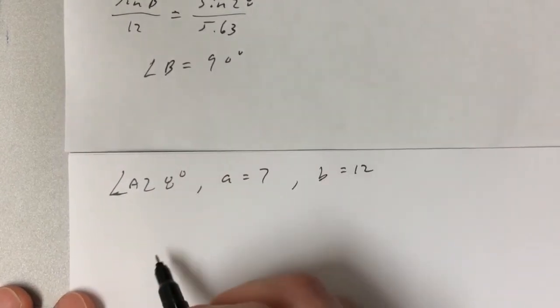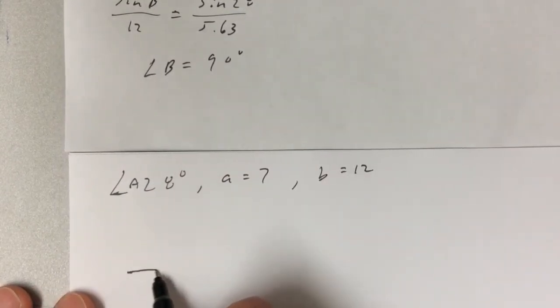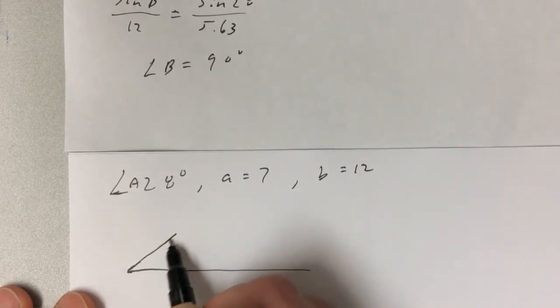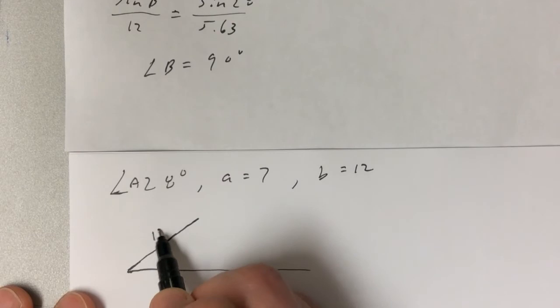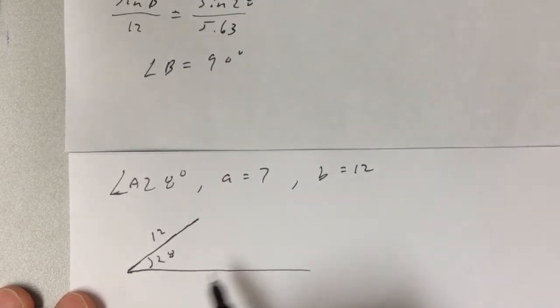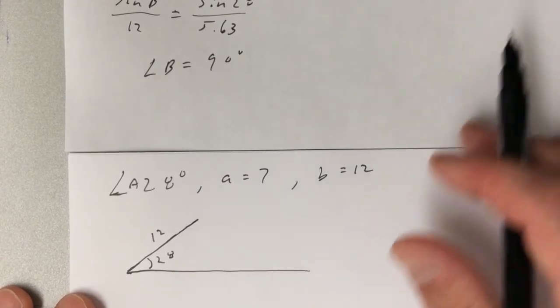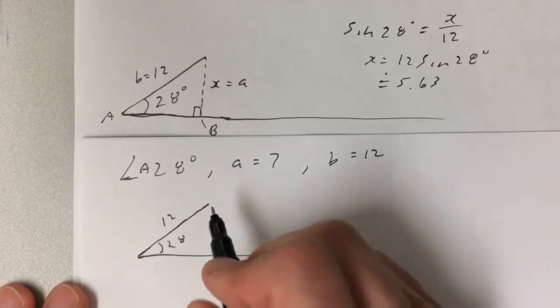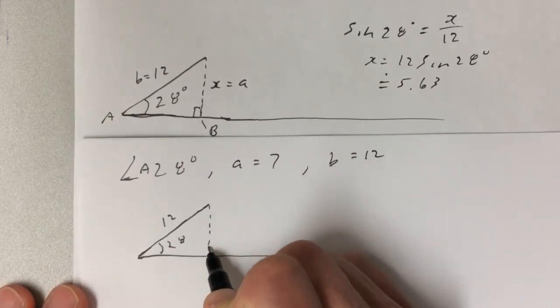Okay, so if I was to draw that, I'd have a line going across the bottom there. So there's 12, 28 degrees. Now the angle hasn't changed, so the diagram is going to look somewhat like this one. So I'm just going to put the dotted line in.